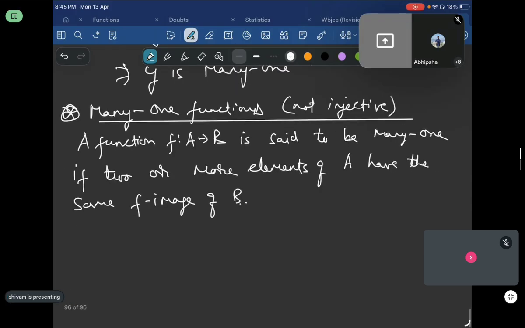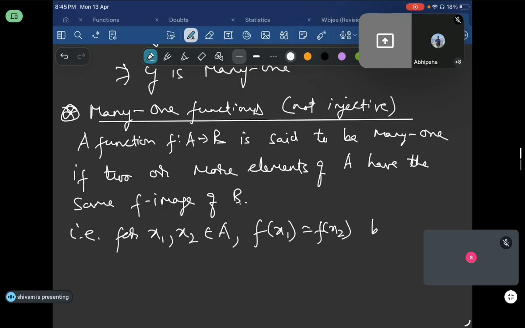That is, for x1, x2 belonging to A, f of x1 is equal to f of x2, but x1 is not equal to x2.